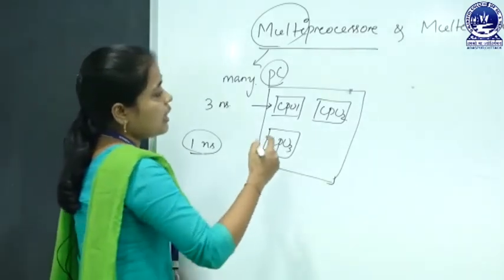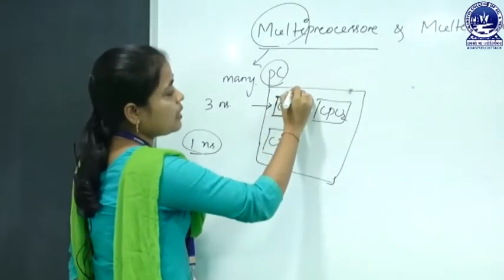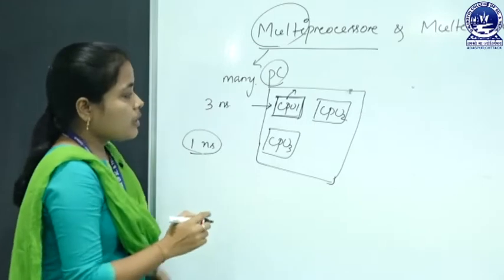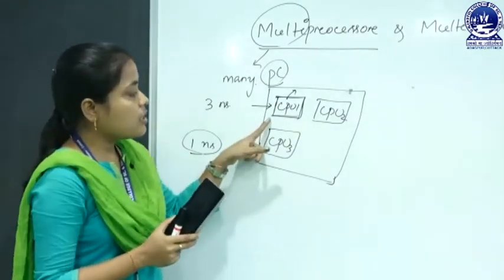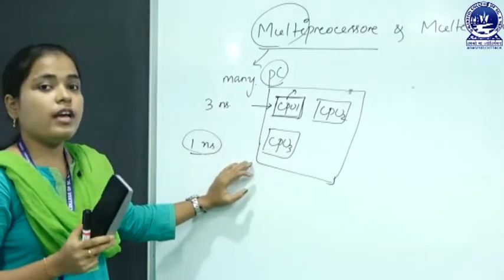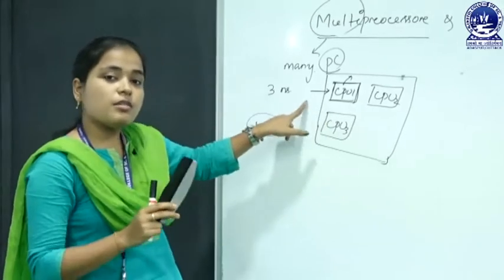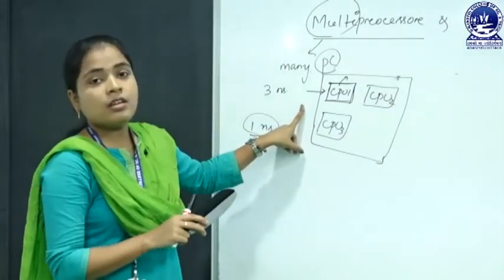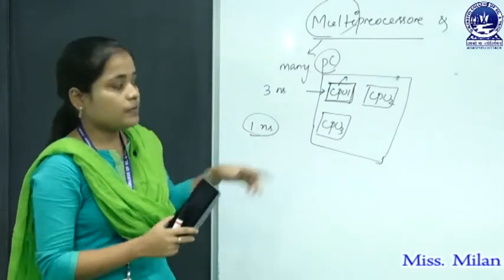But another question comes to mind: does each CPU have its own memory or not? Okay? Because in the previous lecture we have already seen that a processor requires memory to do the execution process. Okay? So, each processor must have a memory space so that it can fetch or store the result or fetch the operands from the memory.